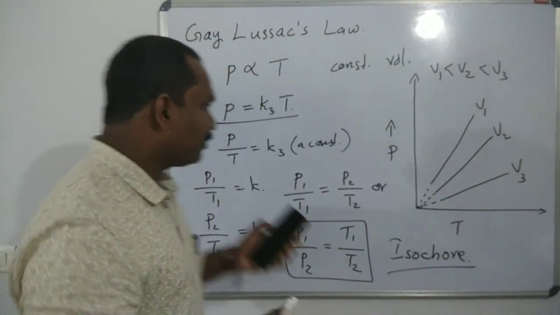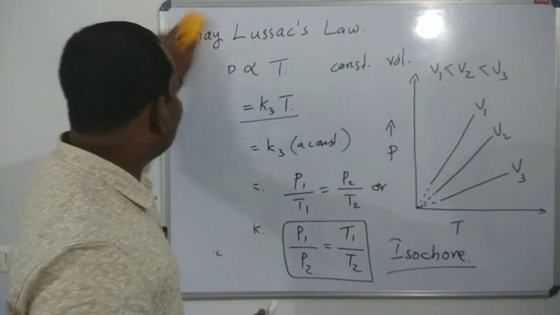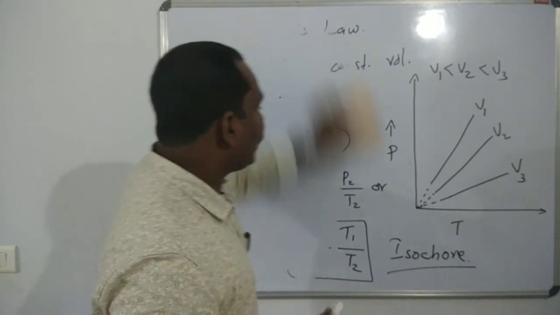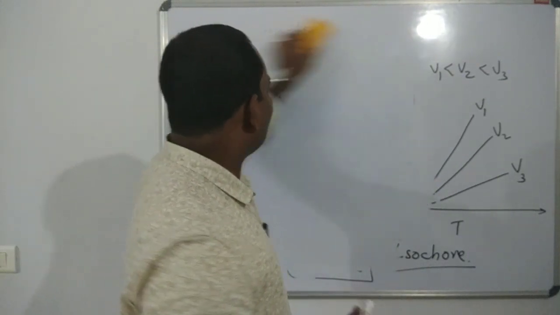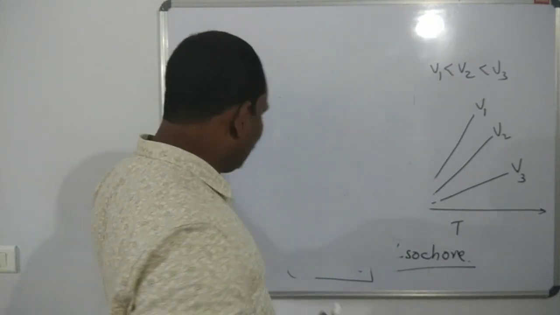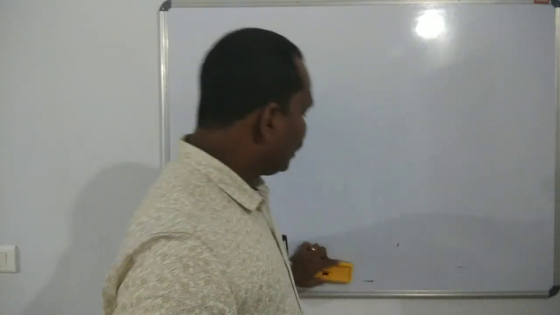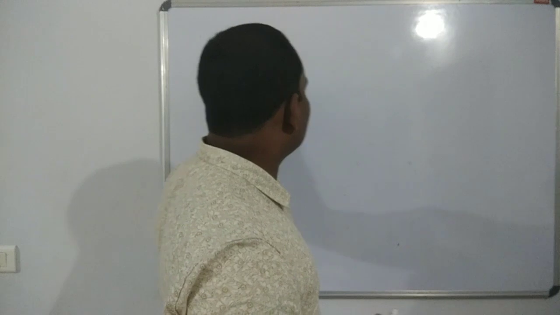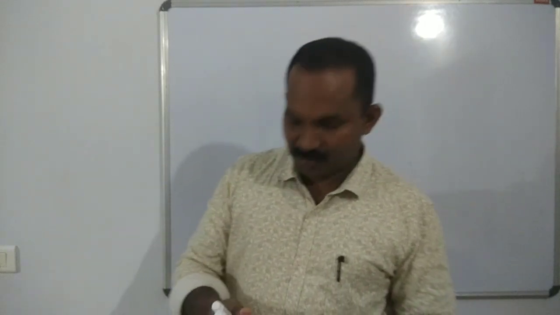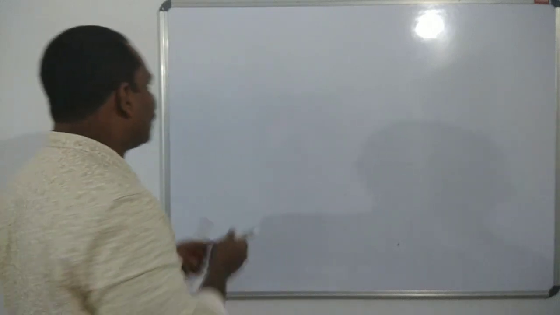What is Avogadro's law? Avogadro's law is the relationship between volume and amount of substance at a constant temperature and pressure. In that chapter we stated Avogadro's law.